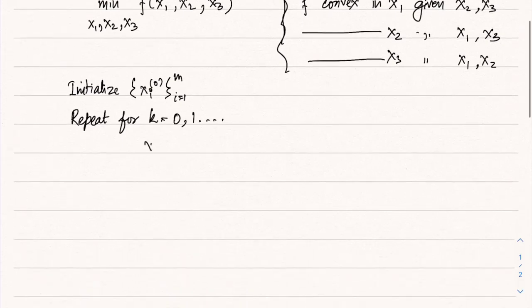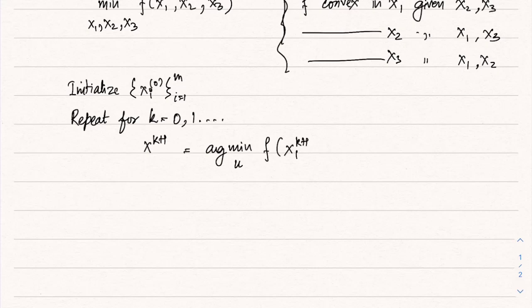And at each iteration I calculate x_j^(k+1) equal to argmin over u of f of x1^(k+1), x2^(k+1), all the way to x_(j-1)^(k+1), u, and x_(j+1)^k all the way to x_m^k, right?